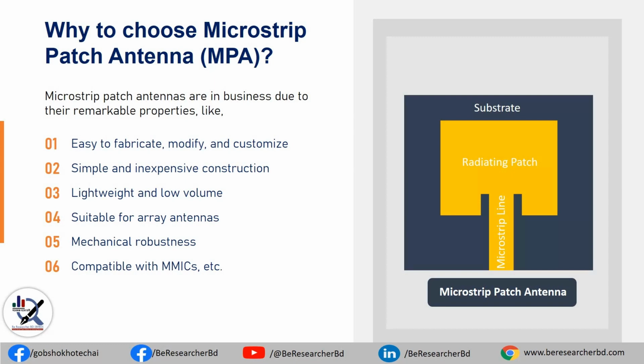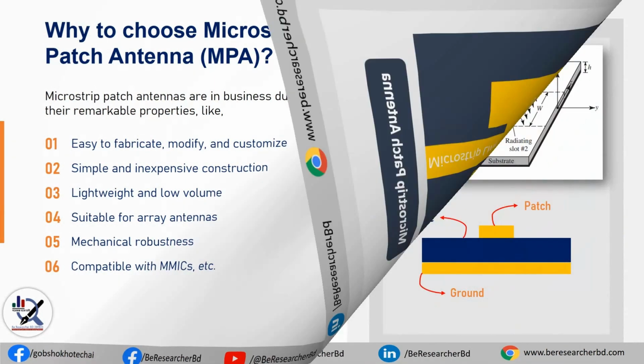Well, microstrip patch antennas are in business due to their outstanding properties like ease of fabrication and customization, simple and cost-friendly construction, lightweight and low volume, suitability for array antennas, mechanical robustness, and most importantly, their compatibility with MMICs.